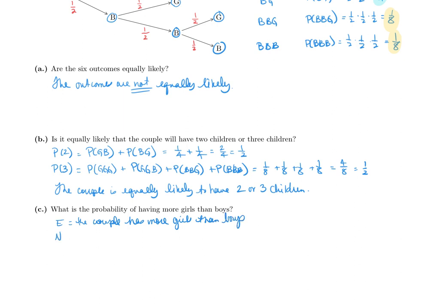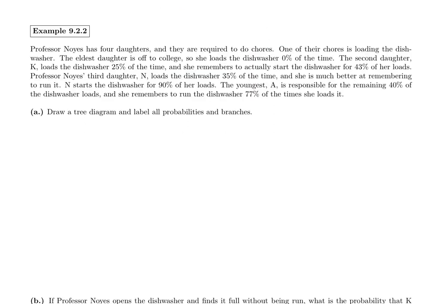We already said the number of ways this event can occur is 2. And the probability for that event would be the probability of getting a girl and a girl, plus the probability of getting a girl and a boy. Those were our 2 events. So we end up with 1/8 plus 1/8, which is 2/8, or 1/4.